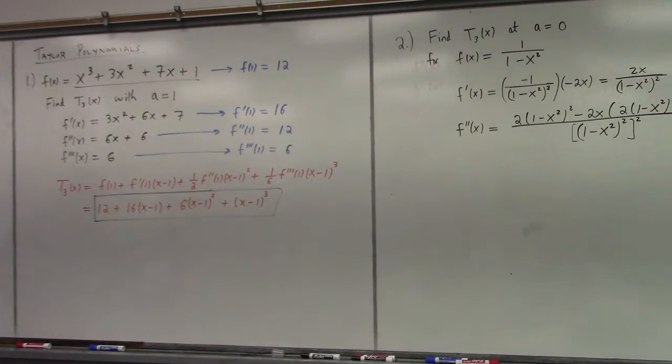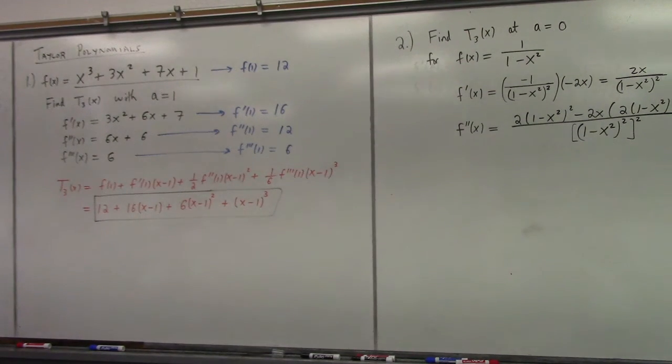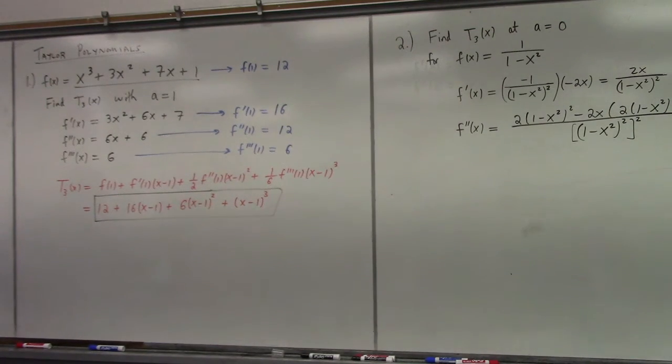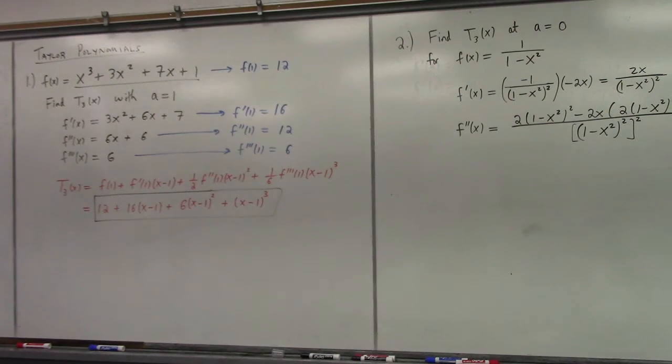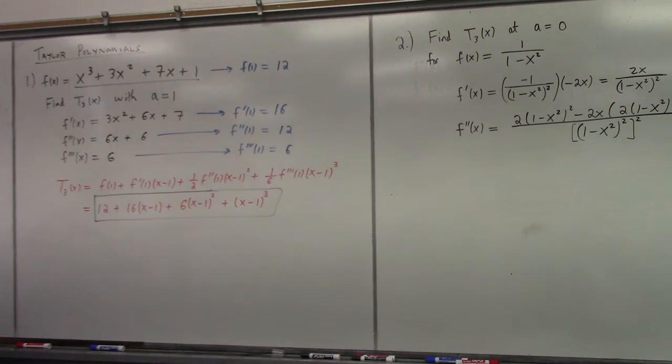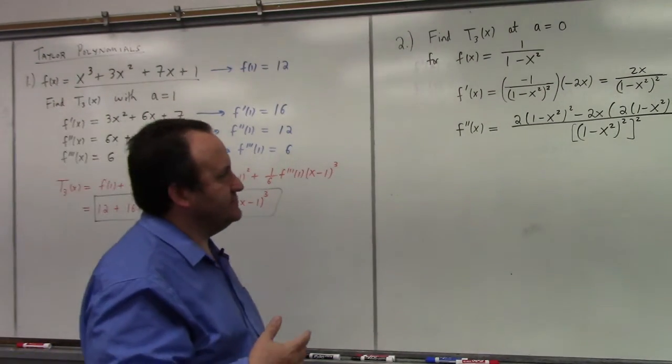So for the derivative, it gives me 2x over 1 minus x squared squared, which is what we got. For the second derivative, I got, oh, what? Huh. Looks like I lost something.